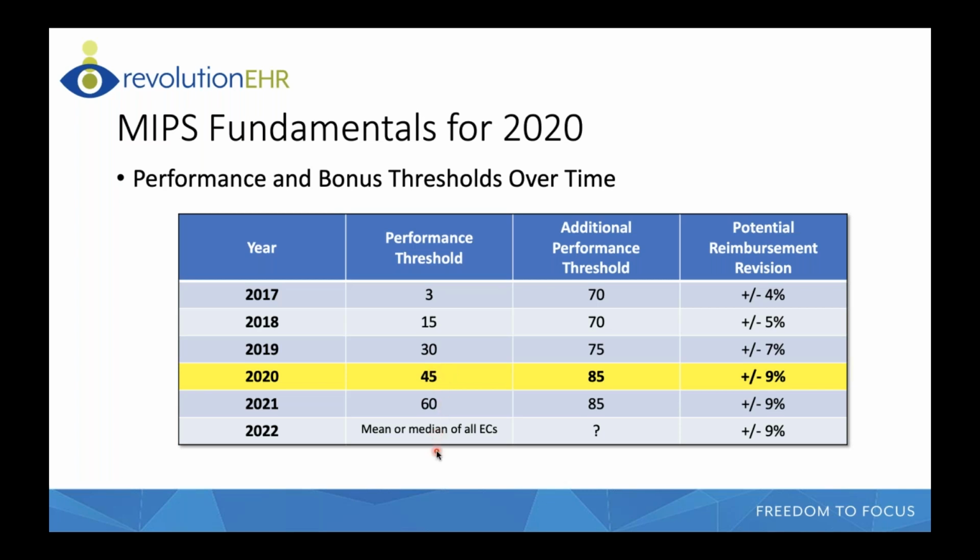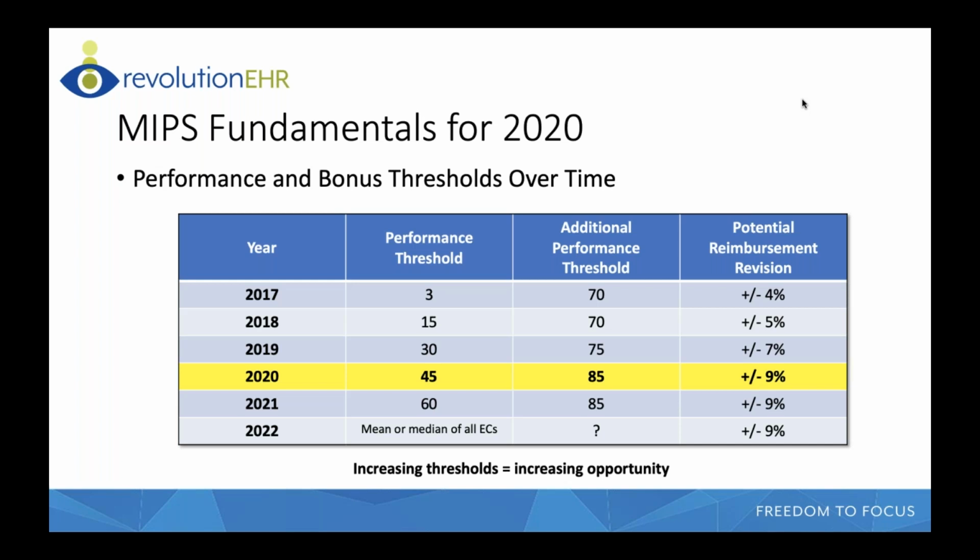And then after that, it becomes the average or the median score of all doctors participating in MIPS. Over to the side of that, you can see the same thing being true for the bonus threshold. That's gone up. But along with that comes the increased potential reimbursement revision. So the perspective we choose to take is that increasing thresholds don't necessarily need to be a bad thing. I know we would tend to look at those and say, man, the requirements are getting harder.